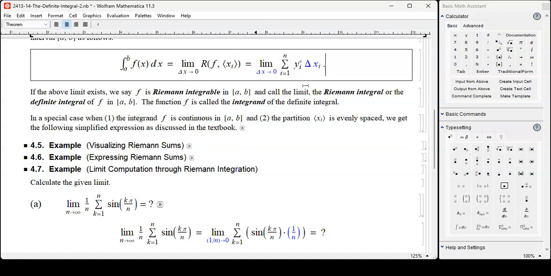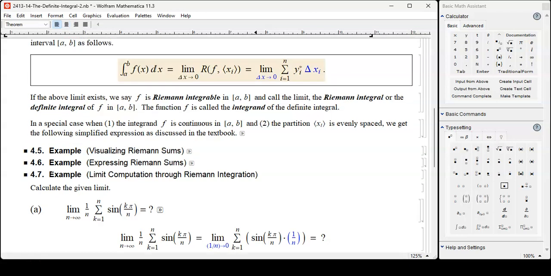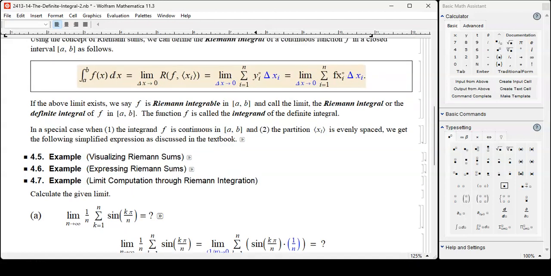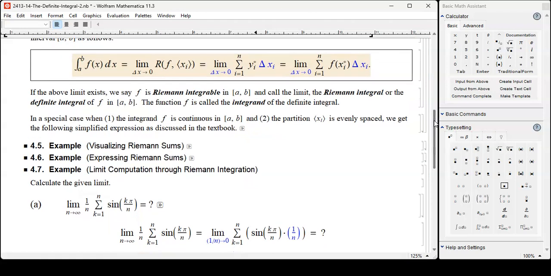As a matter of fact, let me make one more adjustment here. Instead of yi star, let me rewrite it as f of xi star, because any yi star can be rewritten as a function value f of xi star whenever we have a continuous function.